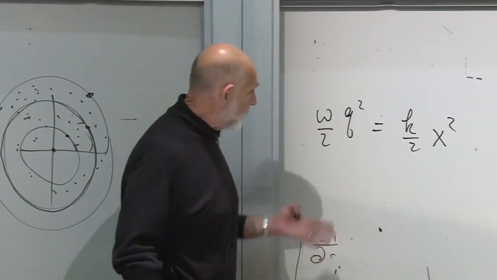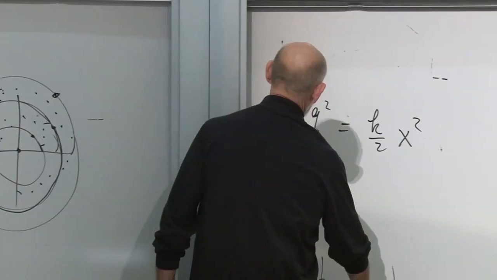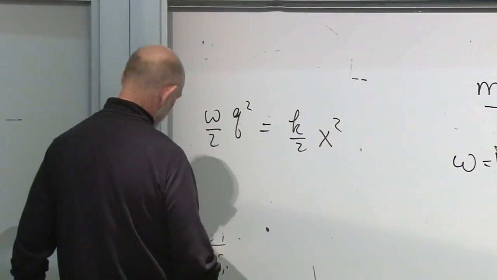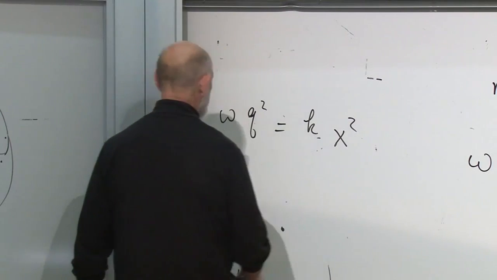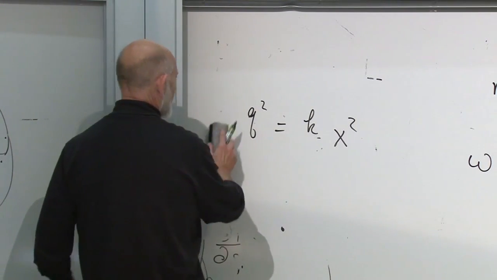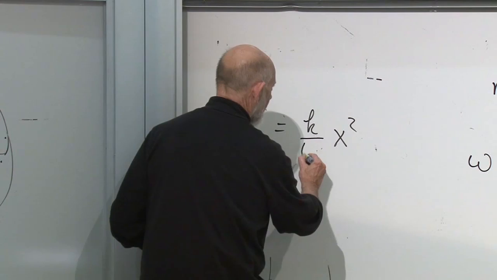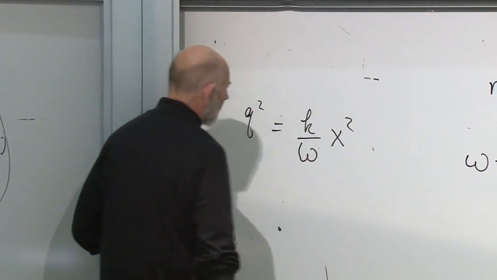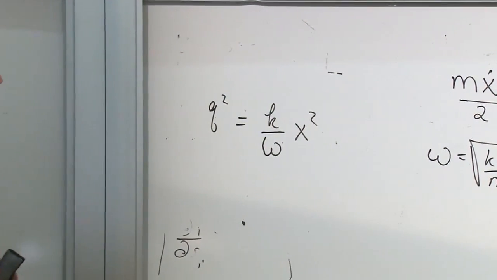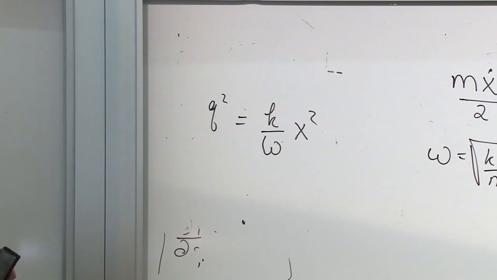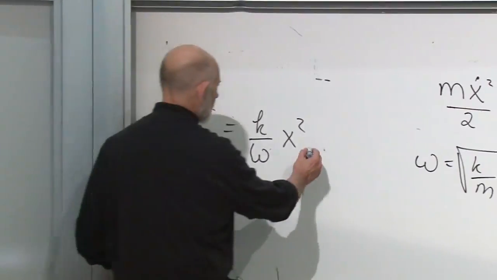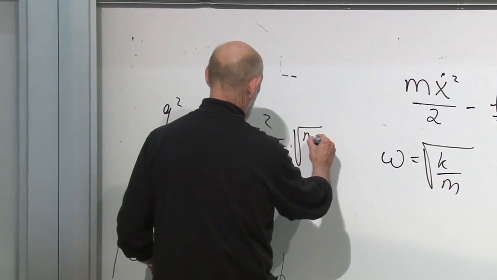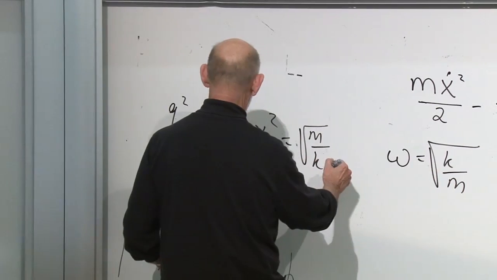I can do that. I can change variables. So what do I get? First of all, the easy part, we get rid of a factor of 2, and we get rid of omega by putting it in the denominator. But omega is square root of k over m. So what's k over omega? Must be square root of m over k, so this is equal to square root of m over k x squared.